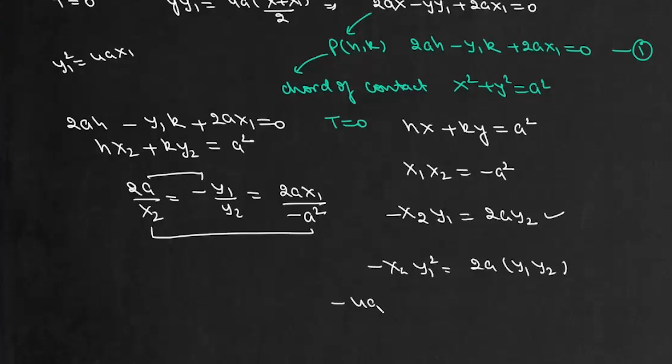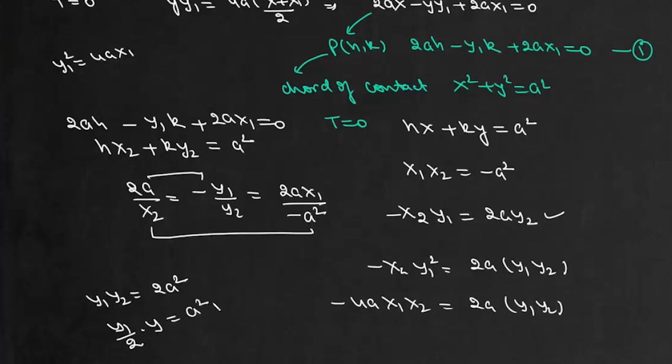So this is minus 4a x1 x2, and this is 2a y1 y2. Now x1 into x2 is minus a square. So here it will be y1 y2 equal to 2a square. Now we can rearrange this as (y1 upon 2) into y2 is equal to a square. That is y1 by 2, y2 and a are in GP.